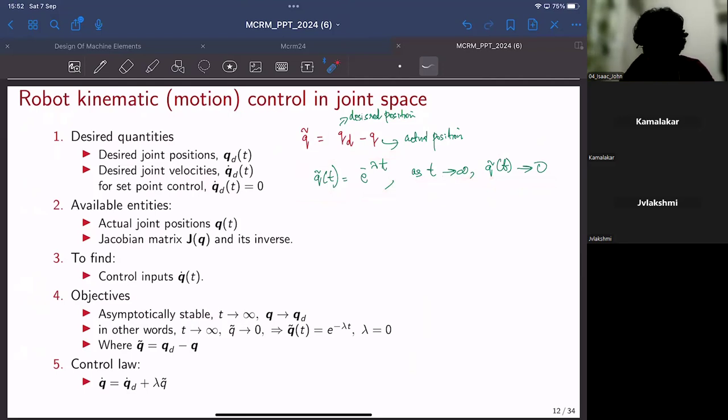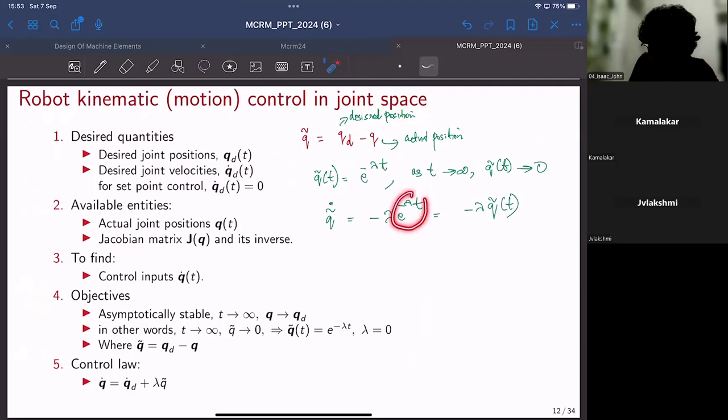So in order for us to do that, what can we do? If you take the derivative of this equation, Q tilde dot would be minus lambda e raised to minus lambda t. So this is nothing but minus lambda Q tilde of t, right?